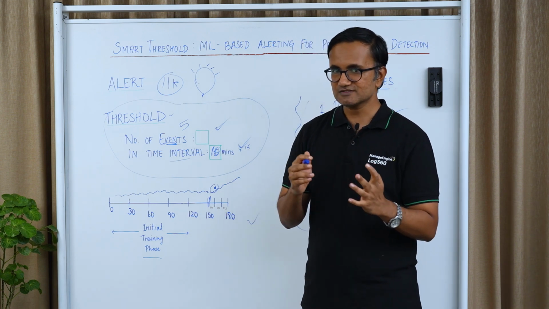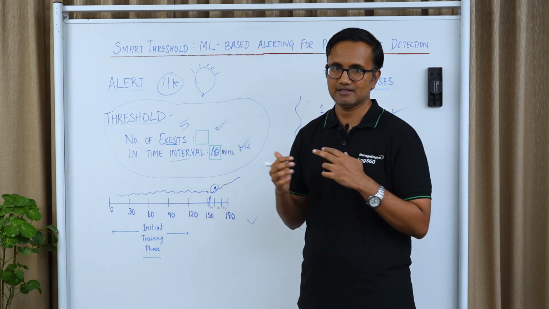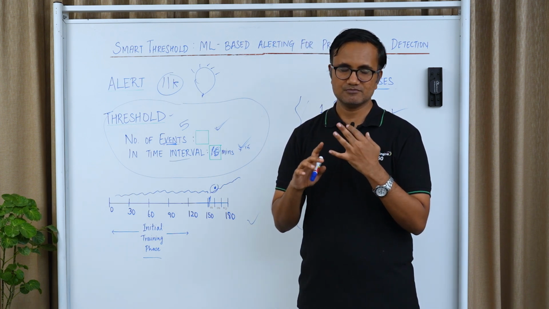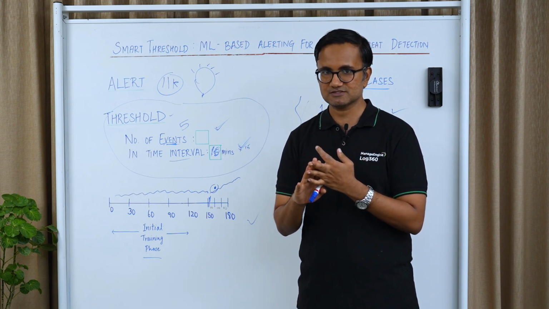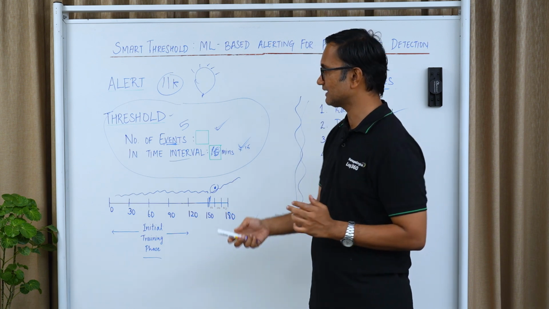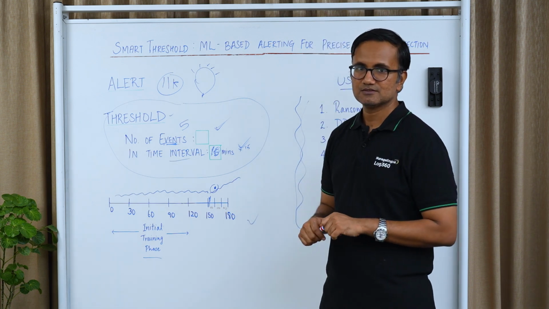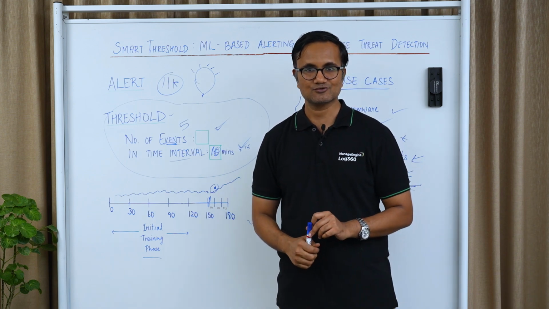So any process which can be automated or can be done using AI. And what I mean is, it could deal with something like detection, investigation, and response. It covers the entire spectrum of a security analyst workflow. That all comes under Vigil IQ. So yes, that is the smart threshold feature in Log360.